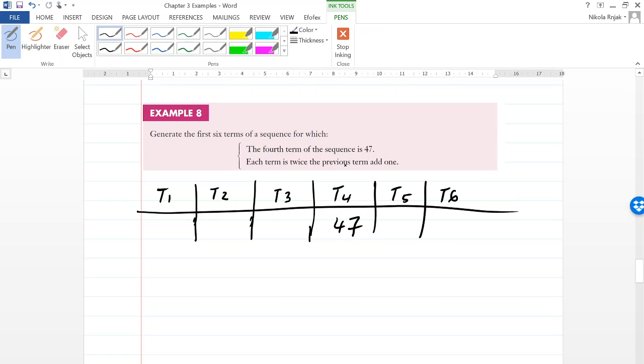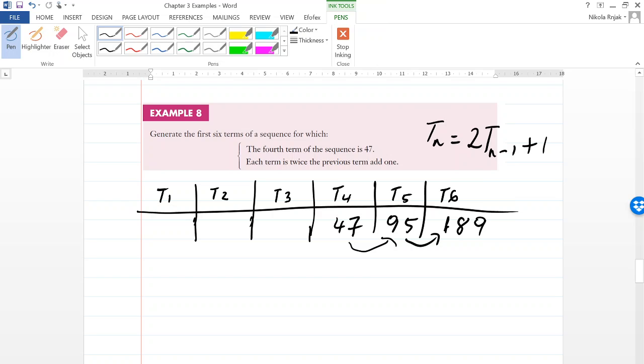So T of n is 2 times the previous term, add 1, which means we can easily figure out what term 5 is. If we just double 47 and then add 1, we get 95. So straight away we know that this is 95. Then we can also work out what term 6 is if we double 95 and add 1. So 95 times 2, add 1, is 191.